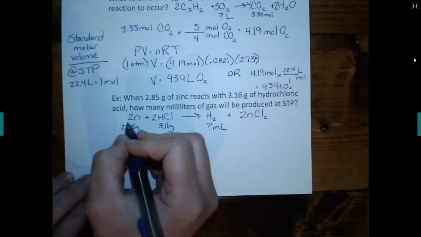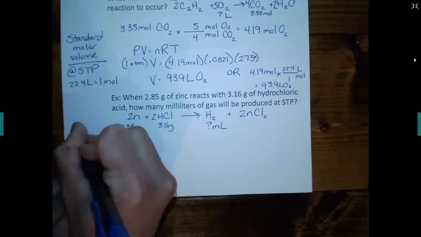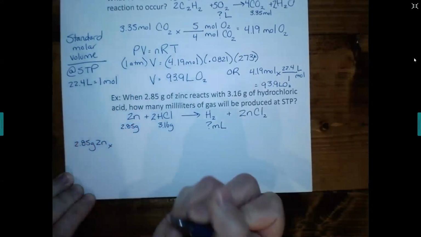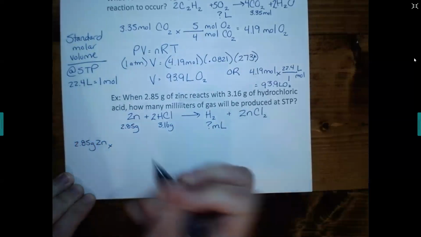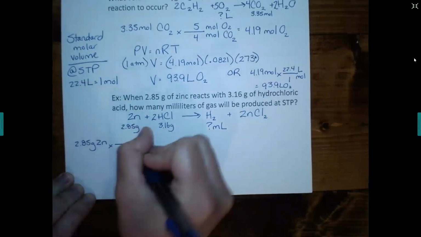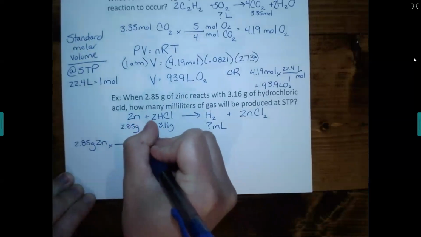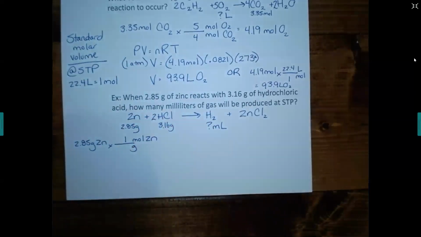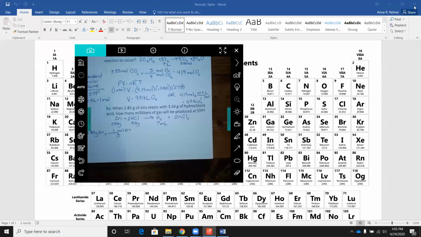So for zinc, I have 2.85 grams. Now, before I can go into a mole ratio, it's in grams. It needs to be in moles first. So I'm going to move grams to the bottom, moles on top. One goes next to mole, and now I need the molar mass of zinc. I just so happen to have my periodic table in the background.